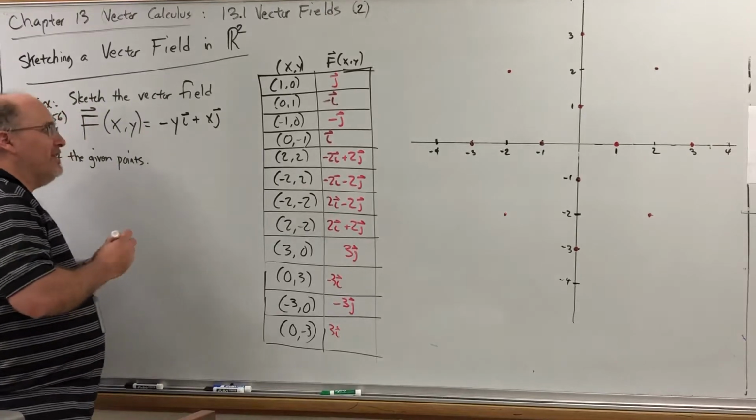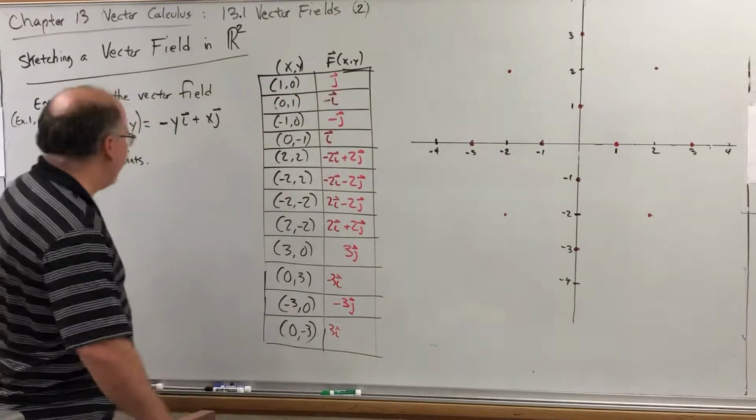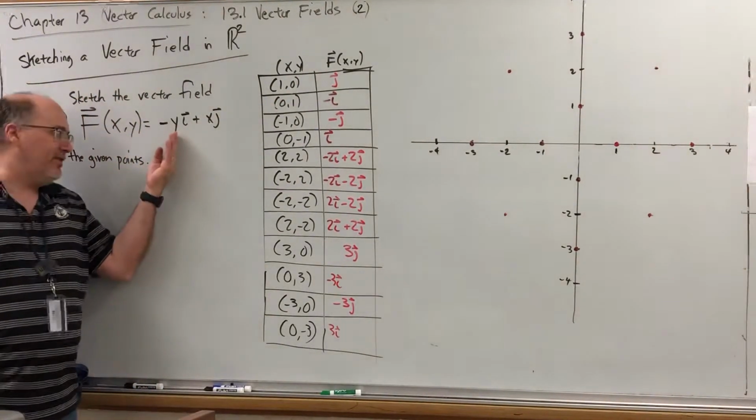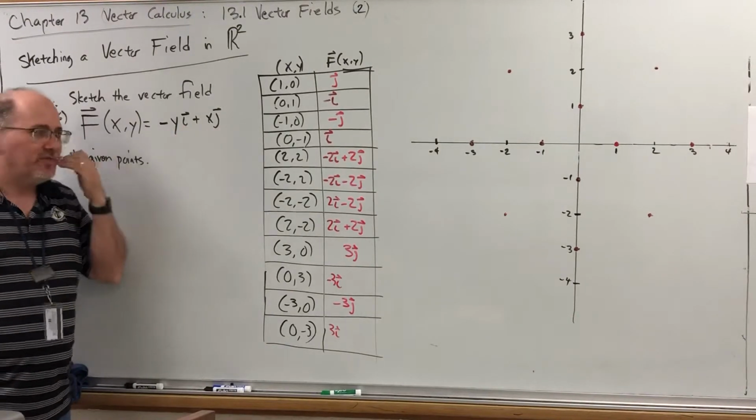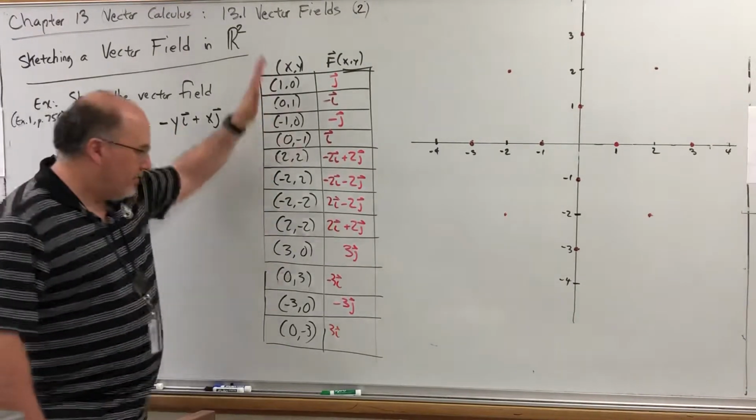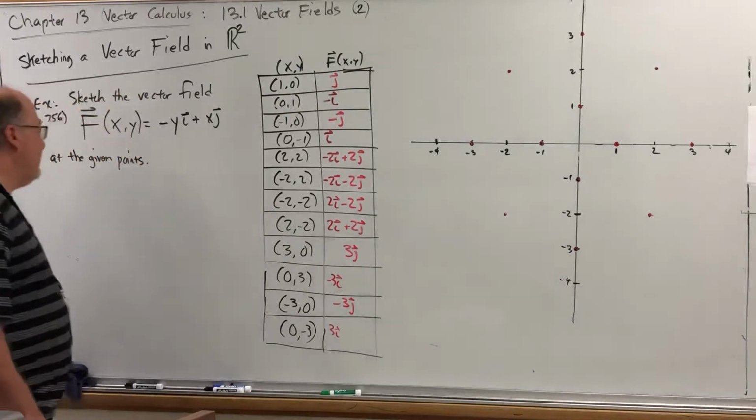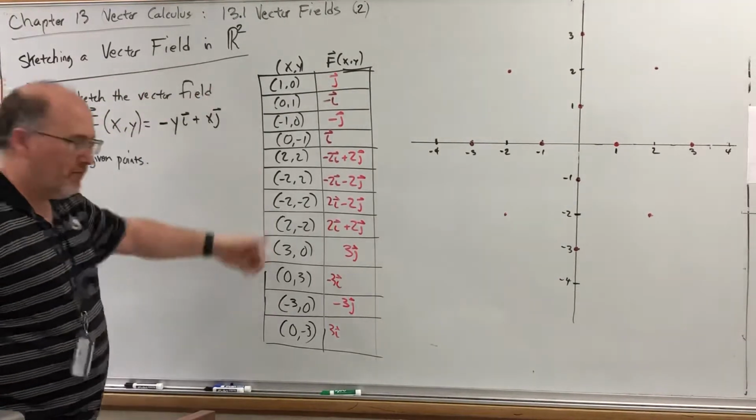Now you can calculate each vector completely and not do it like I did. Calculate the i component, then the j component, however you want to do it. There's all the results of evaluating this vector function at these 12 points.